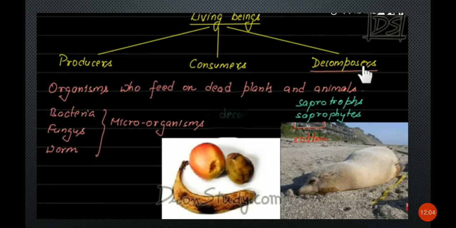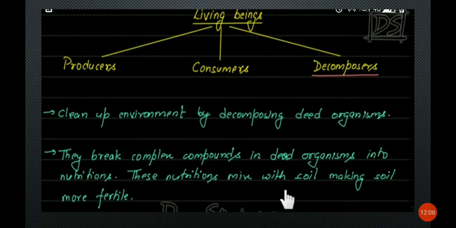So that is the reason. These two points are very important. They clean up the environment by decomposing dead organisms, and they break complex compounds in dead organisms into nutrients. You can also say nutritions.